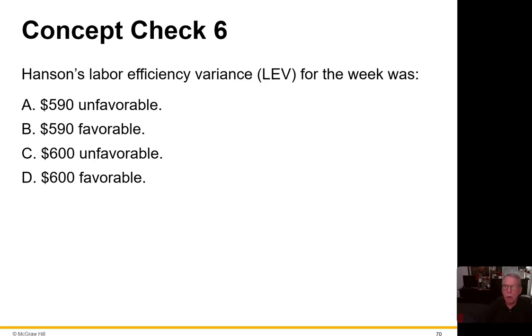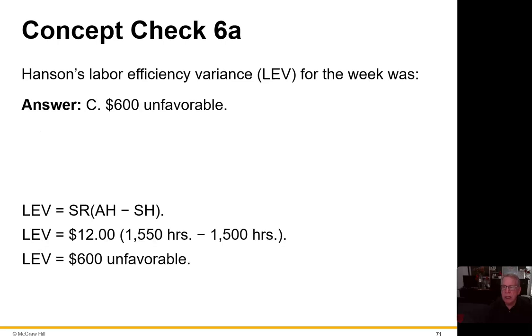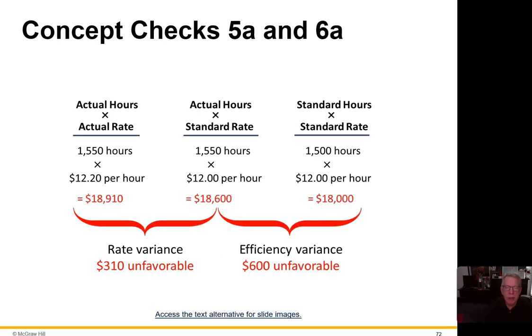So we again will look at the labor efficiency variance. For labor efficiency, that's the right-hand side of our graphic, it's going to be $600 unfavorable. And again, that's going to be the $12 times the difference between our actual and the allotted standard in hours. So this, to me, is much easier to follow. Here we have our actual, and we calculate that again.